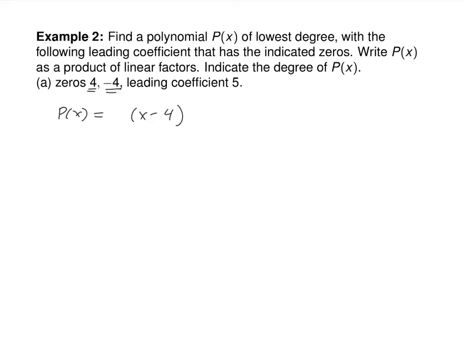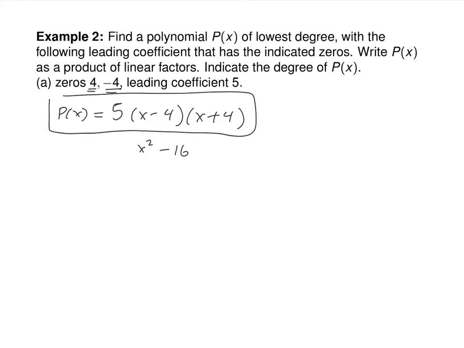When you plug in negative 4, you also get 0, so x plus 4. If you were to multiply those together, you would get x squared minus 16, right? The other thing says you have to have leading coefficient 5, meaning you want a 5 in front of the x squared. So you put a 5 out in front, and that's your polynomial.